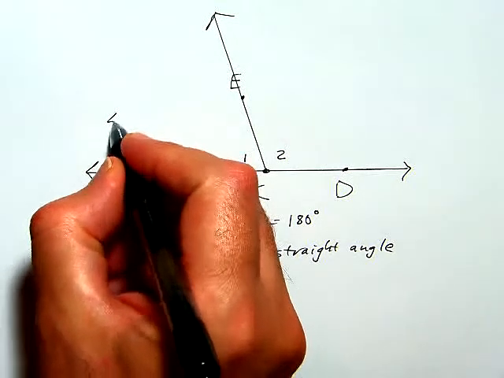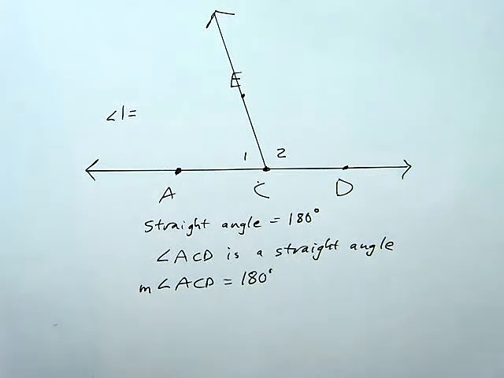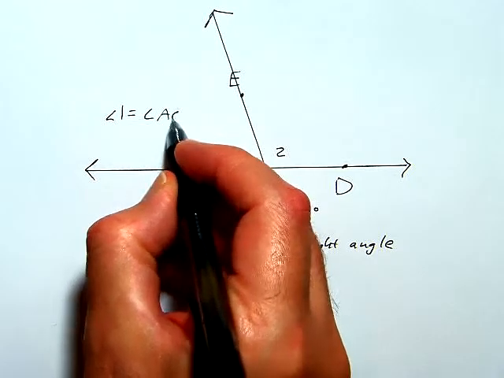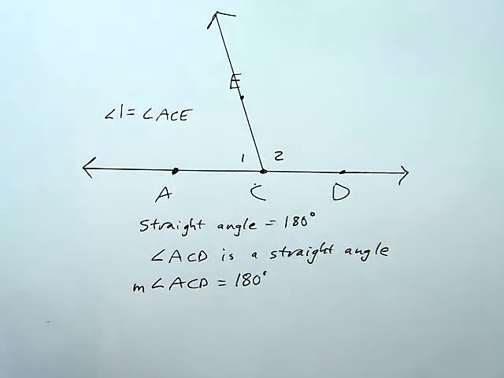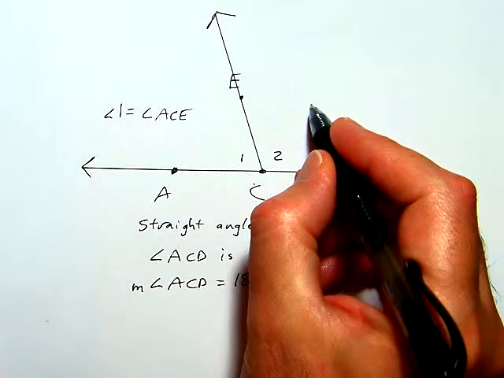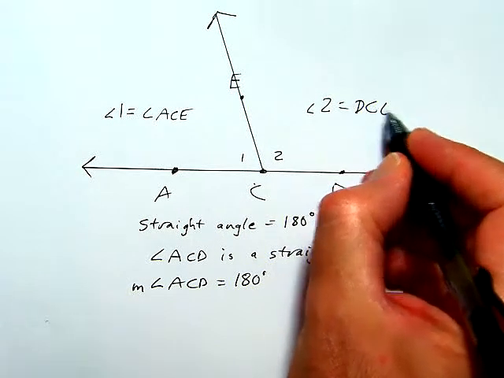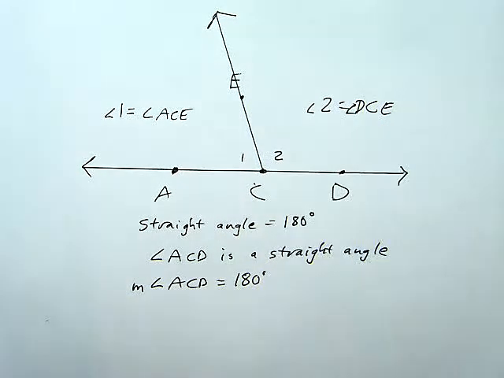Well, what's another name for angle 1? Another name for angle 1 would be ACE. And what would be another name for angle 2? Well, another name for angle 2 could be DCE. But we're using angle 1 and angle 2 as shortcuts here.